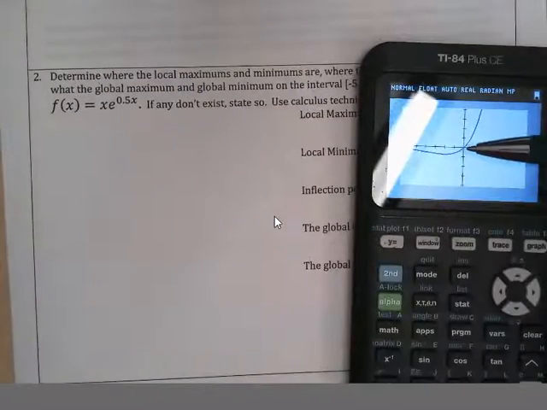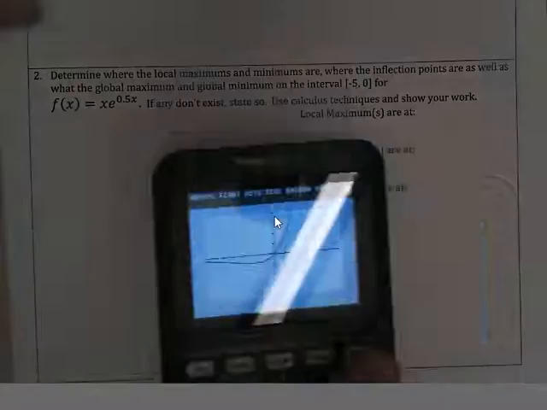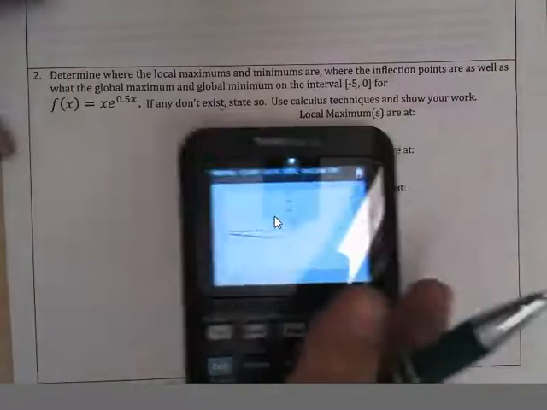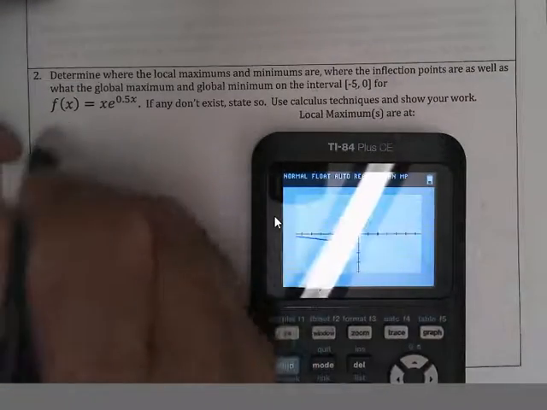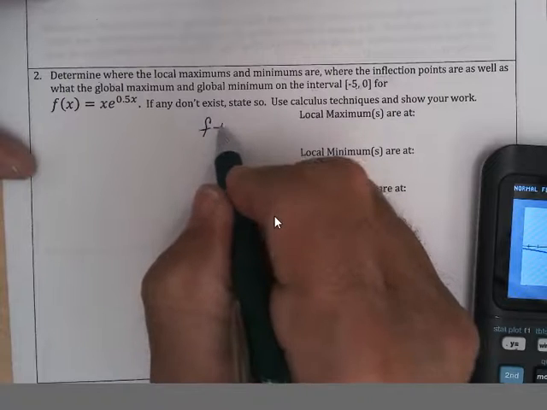Well, it looks like the high spot's going to be at the 0. But when we're looking for global max and mins, we plug in the endpoints. So we have to find out what f of -5 is.